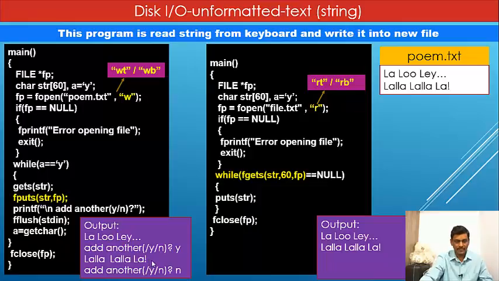If we press enter, that string is stored in str. Already some data, la lu le, is available in str, and it is overwritten by the new string la la la la. It is replaced.